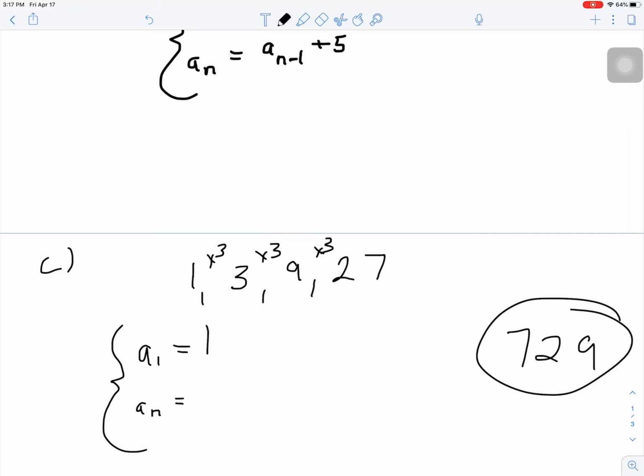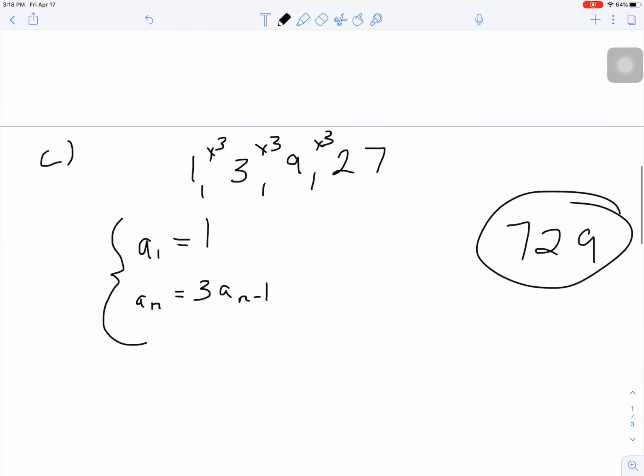So if we have A n equals 3 times A n minus 1. Then how would we go about finding the next term? We're looking for the term that's after this one. So fairly easy.